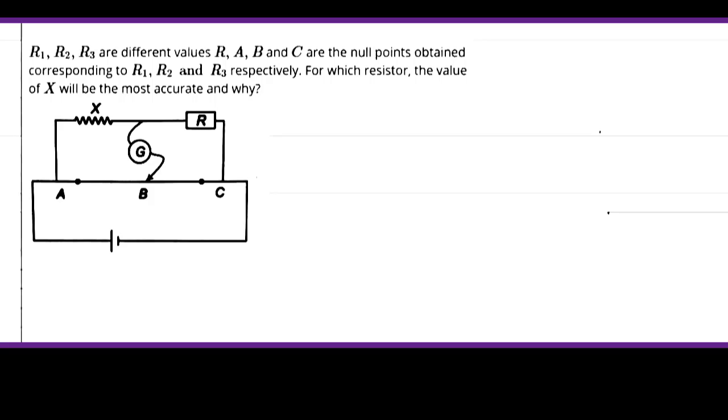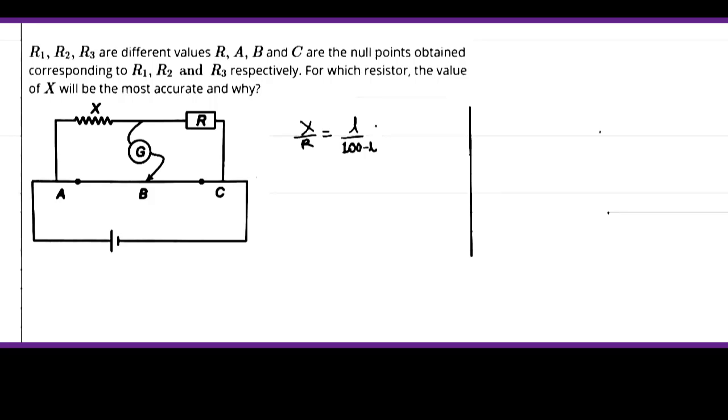Now you see, we know in a potentiometer, X upon R is equal to L upon 100 minus L. Here we are measuring L from this end. From this expression, we can find one thing very common.